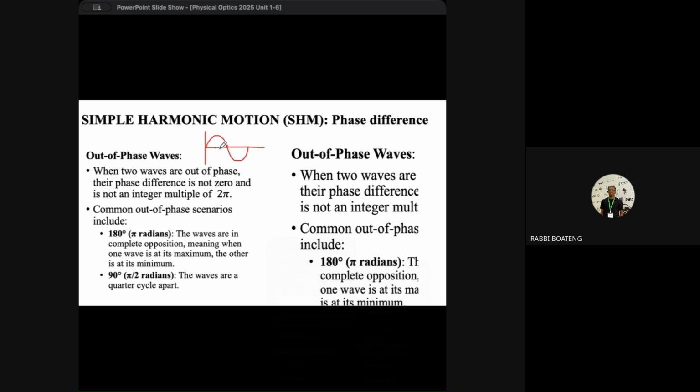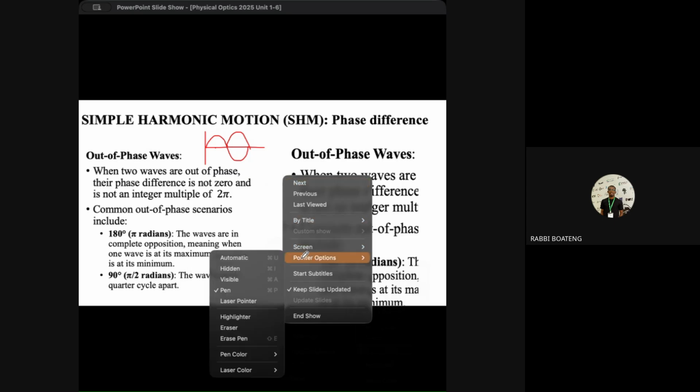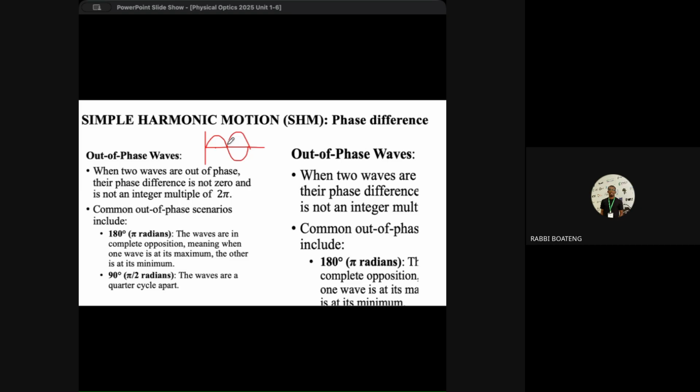Now, if I want to do a phase of 180, it means I'm going to start from here, right? Then my wave is going to move like this. I think I have to use a different color. So I'm going to start from here, then move from here till I get here.